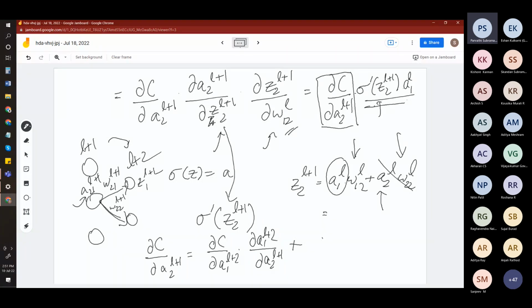So there's going to be another one for the second, that will be ∂C over ∂A2 L plus 2 times ∂A2 L plus 2 over ∂A2 L plus 1.